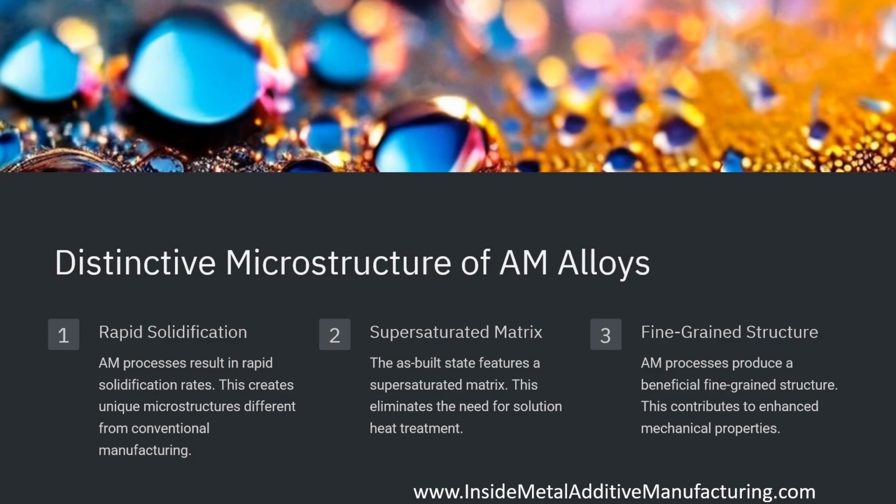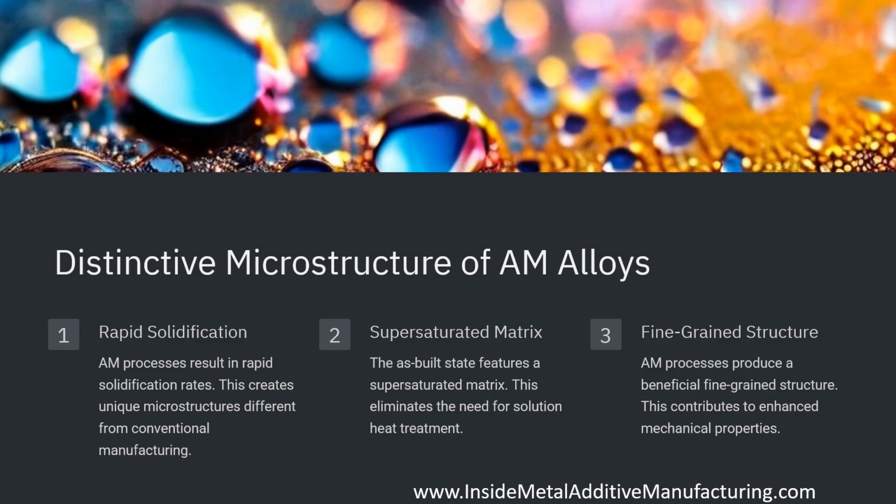A key characteristic is the presence of a supersaturated matrix in the as-built state. This inherent supersaturation negates the need for a solution heat treatment, a step typically employed in conventional processing to dissolve alloying elements into a solid solution.